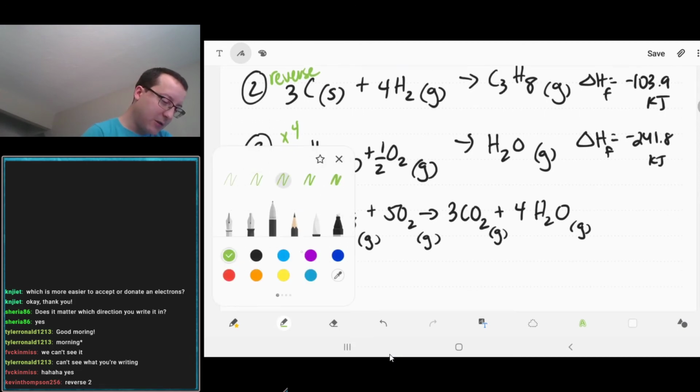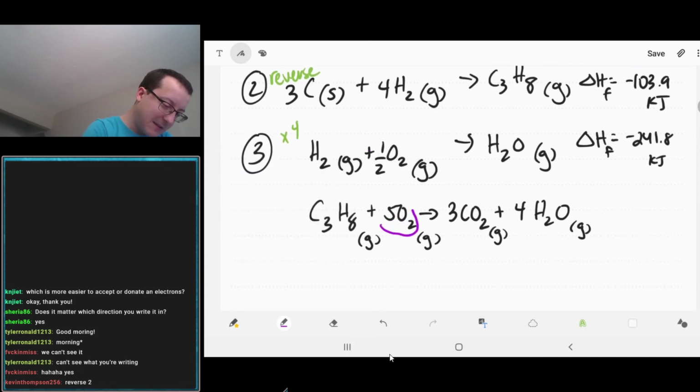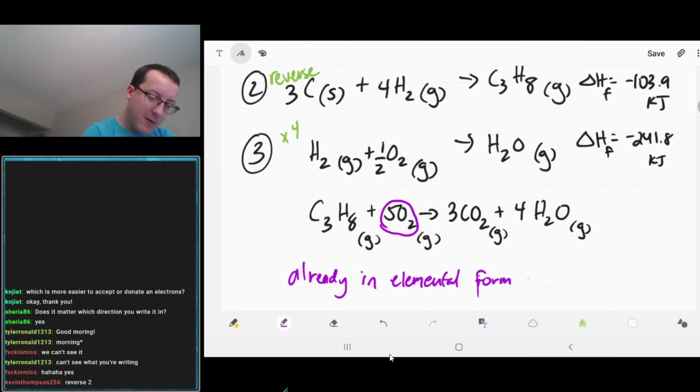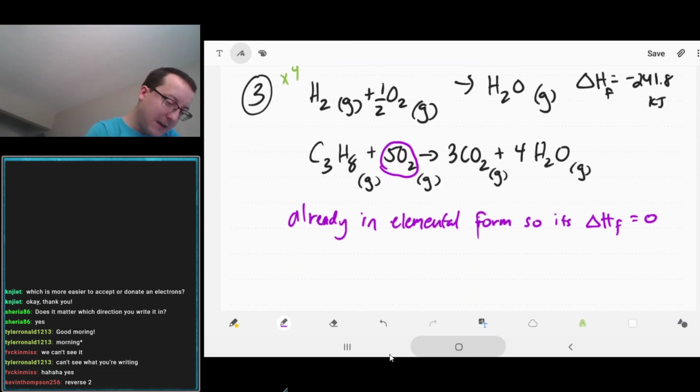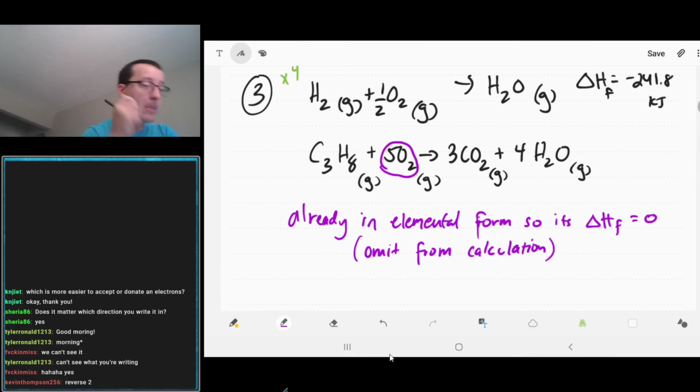One thing to note also, I might not have explicitly said this. This oxygen here is already in elemental form, so its delta HF is 0. Delta HF for formation of an element is always 0, so we don't have to worry about that. So we can omit it from the calculation. It's only compounds that we're looking at.